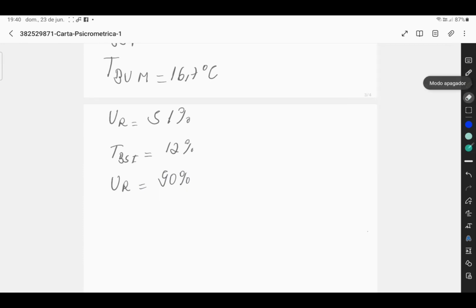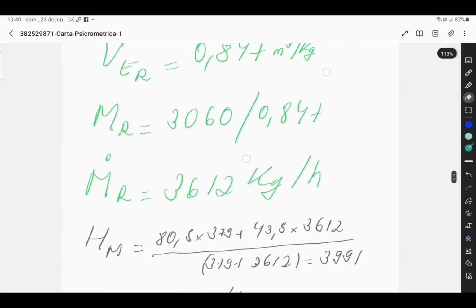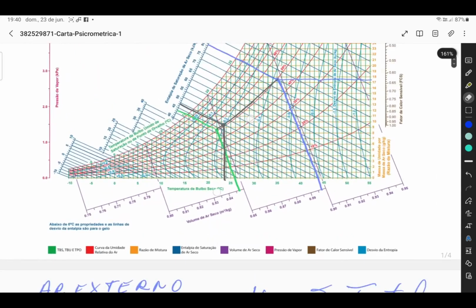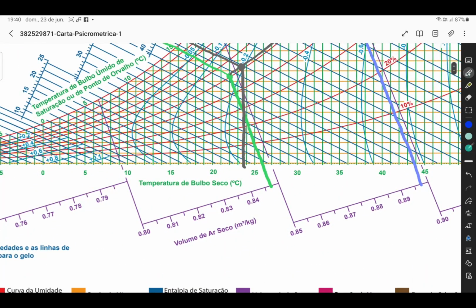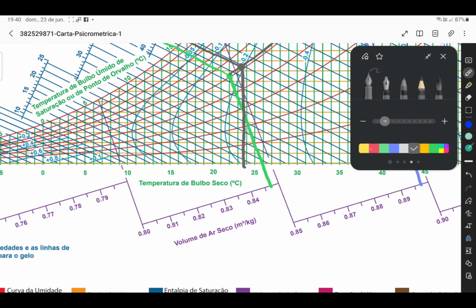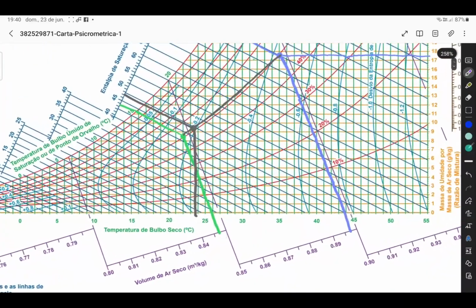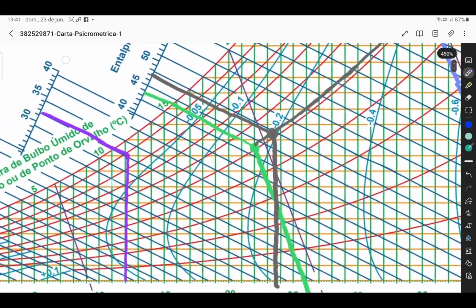So let's now mark this point. I chose another color here, red, so 12 degrees dry bulb temperature, and my specific enthalpy will give 31.5 kilojoules per kilo.